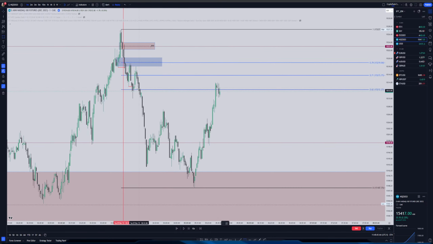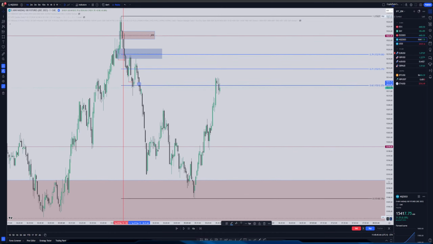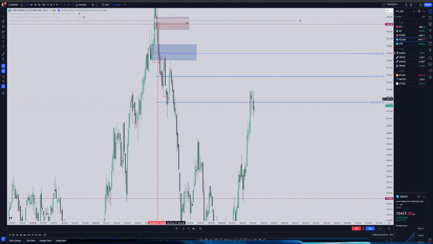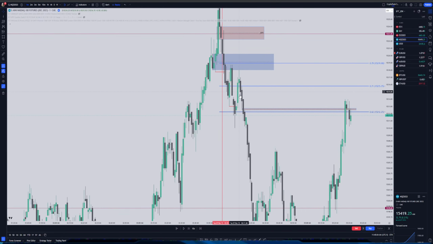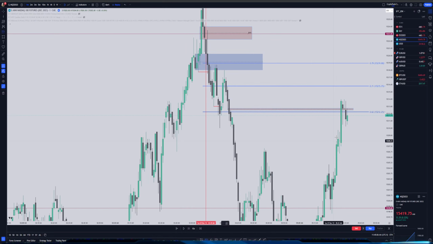So I entered into this small little fair value that also has a structure over here. I'm not going to talk about it right now because I'm going to make short videos with that one. So that is the level I tried to enter into.